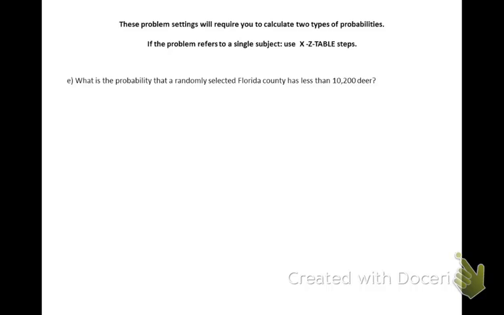Let's start working out probabilities for these problems. If the problem refers to a single subject, use the Xbar-Z-Table steps that I've already taught you. Notice it says a subject, only one. What is the probability that a, just one, randomly selected Florida county has less than 10,200 deer?